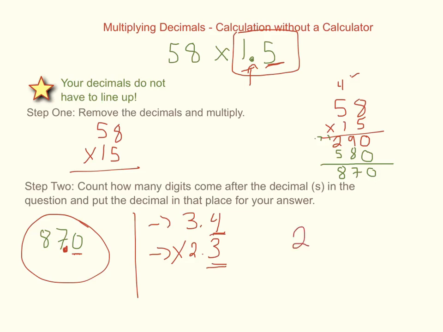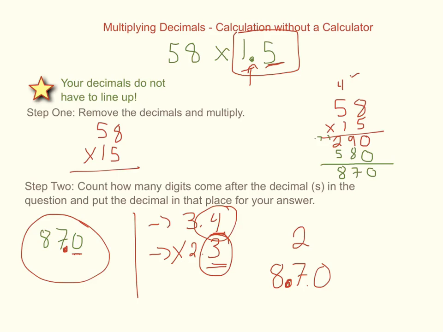So if you had your answer of 870, you wouldn't put the decimal here. You would put it here, because you had 1 decimal place, 2 decimal places for 2. I know that's kind of confusing, and I'll go over that more in class tomorrow. There aren't a lot of questions like that, but I thought I'd mention it just in case.